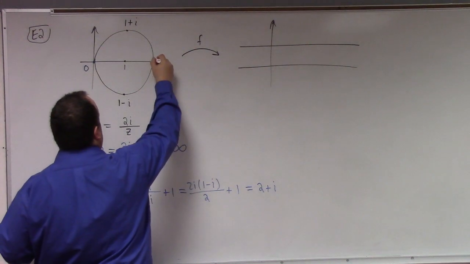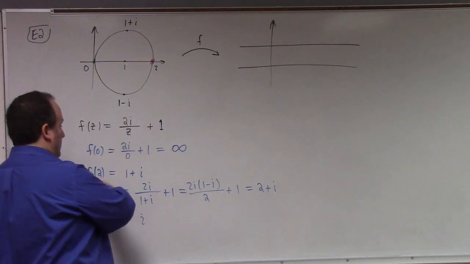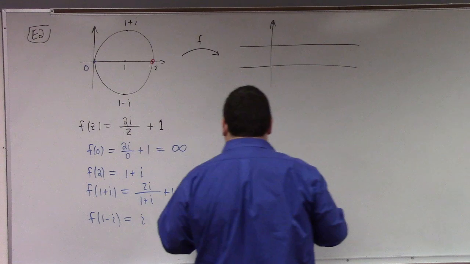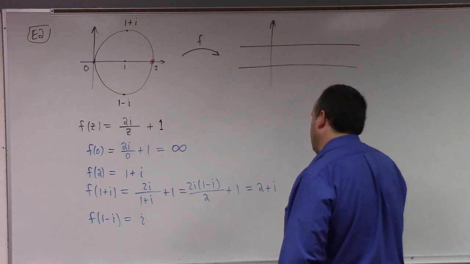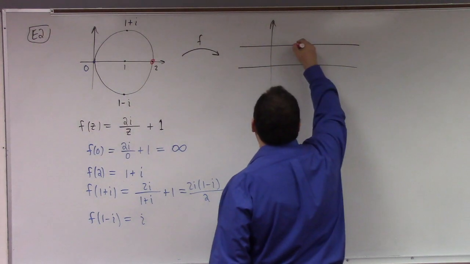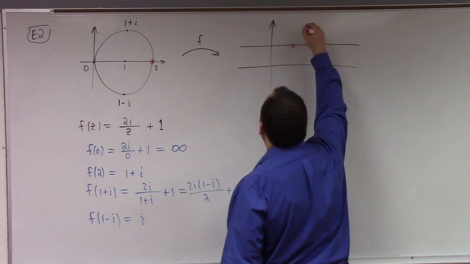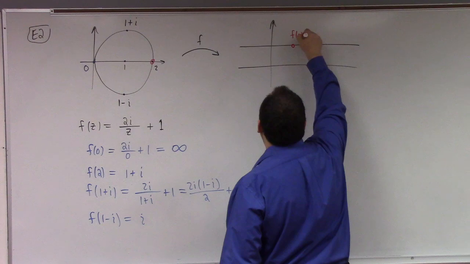So 2, this guy, where did it go to? 1 plus i. So there's where this was, f of 2, it was here.